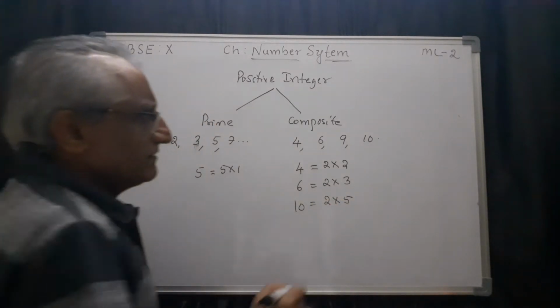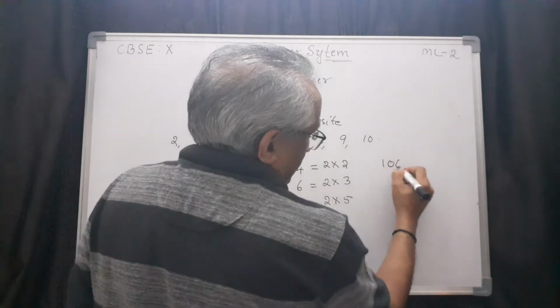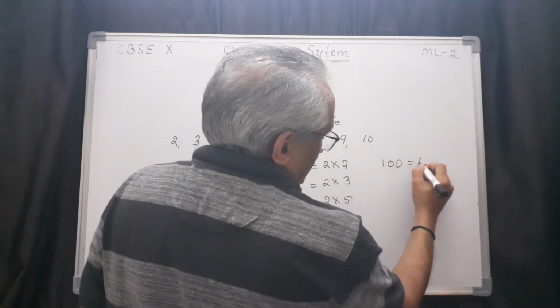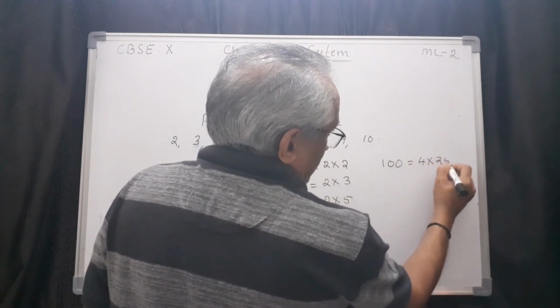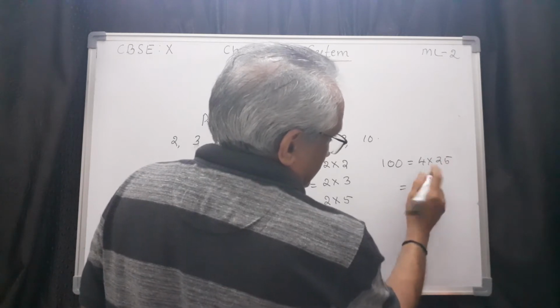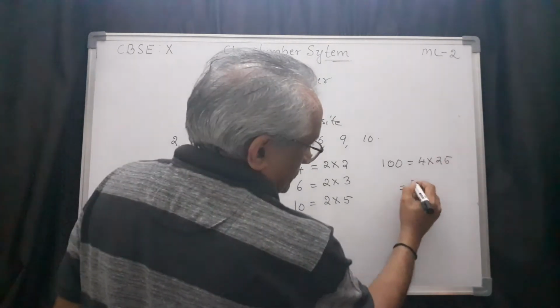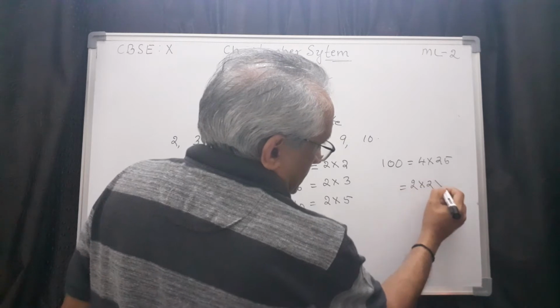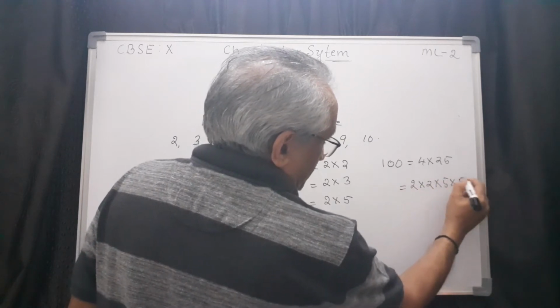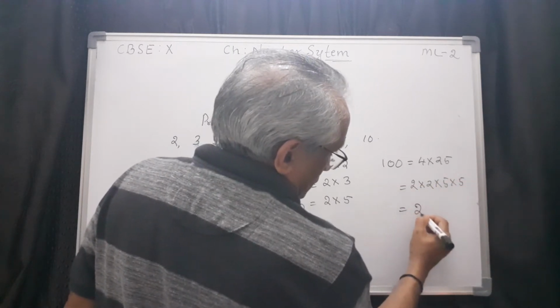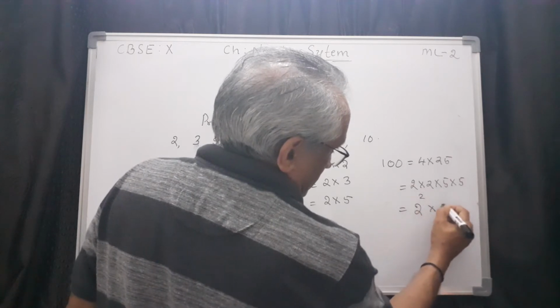Take a bigger number, say 100. This can be written as 4 into 25. Further, since 4 is not prime, it is 2 into 2 into 5 into 5, or 2 square into 5 square.